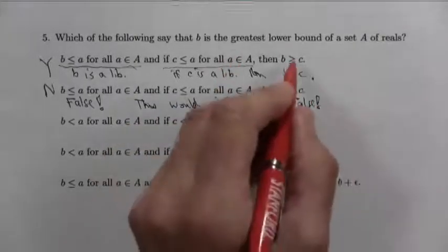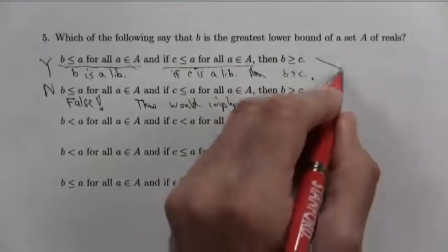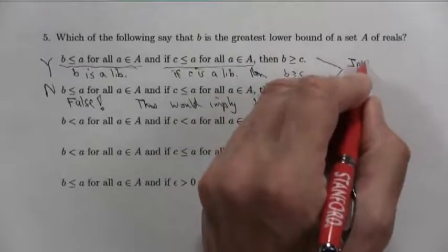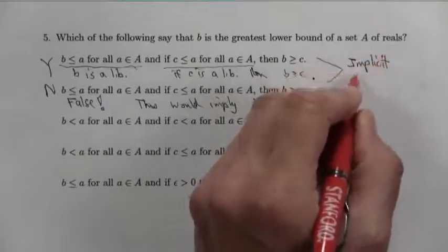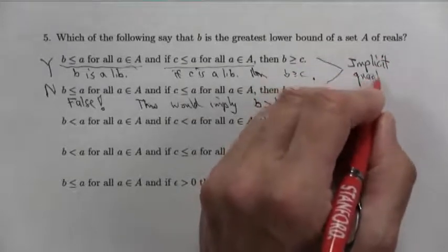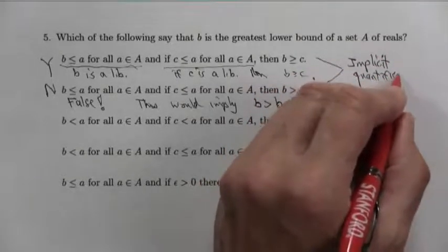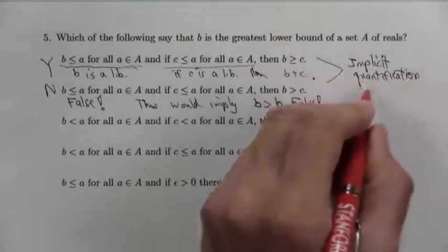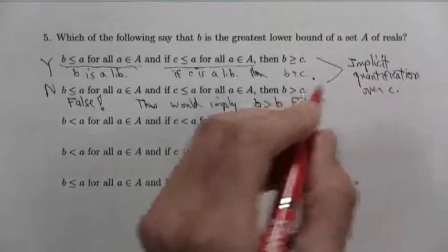Let me say a little bit more about this, because in both of these two cases, what's going on is we have implicit quantification. Quantification over C is implicit.